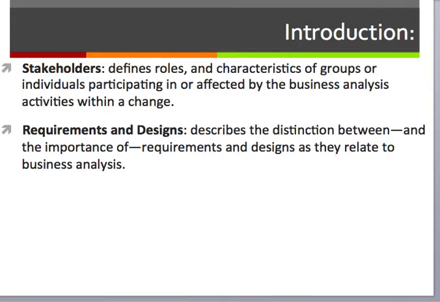We will see what the different types of roles could be and what their definitions are. Then we have requirements and design. This describes the distinction between the importance of requirements and design as they relate to business analysis. These are the concepts we will be learning in this chapter.